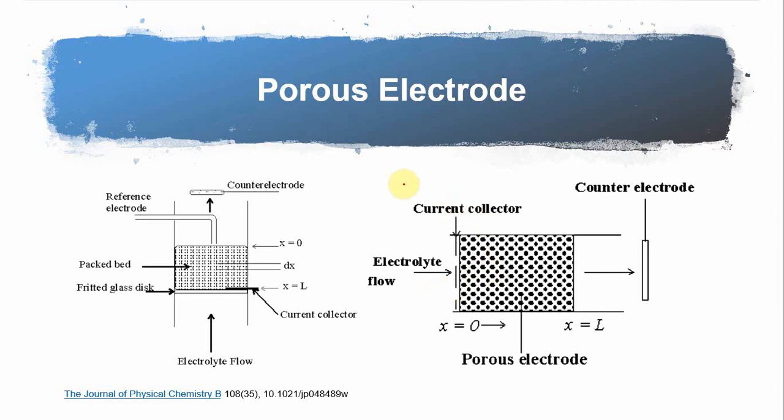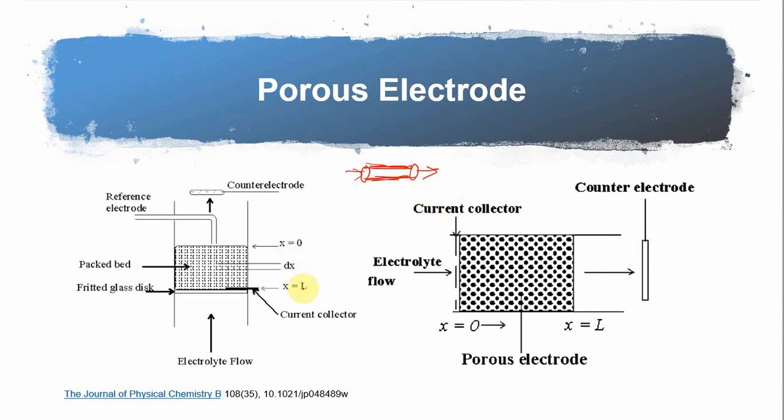Now you can understand that there are elongated pores present. Obviously this pore is metal on both sides, right? This part is metal and this part is also metal, and this is the pore through which the electrolyte is passing.